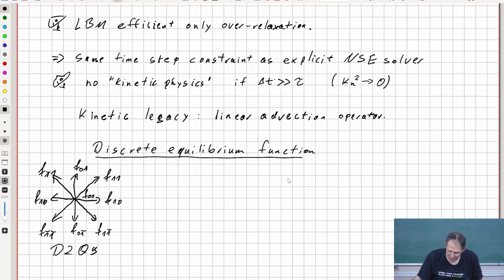Let's move on to the three different common ways to compute the equilibrium function. The first one is the one that we had also yesterday, the moment matching.